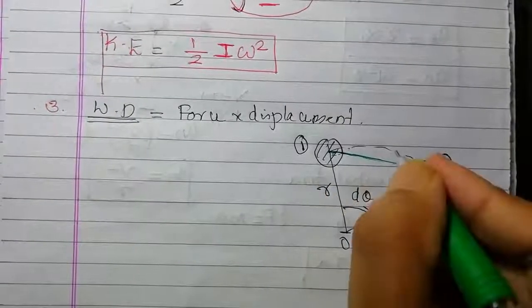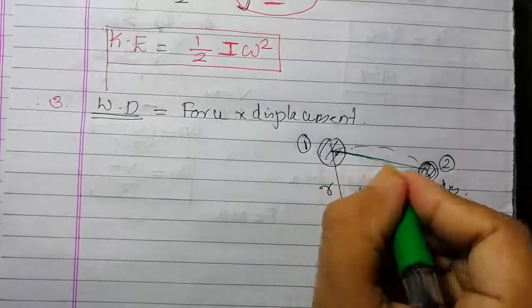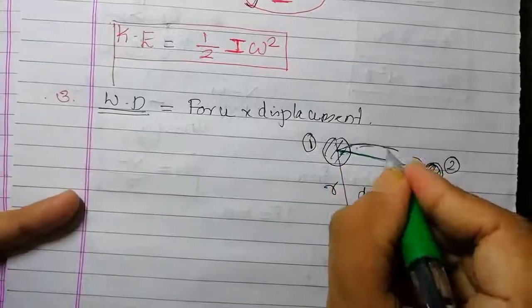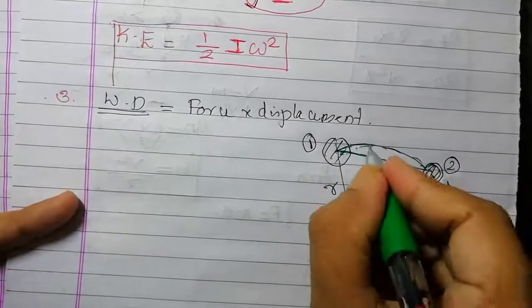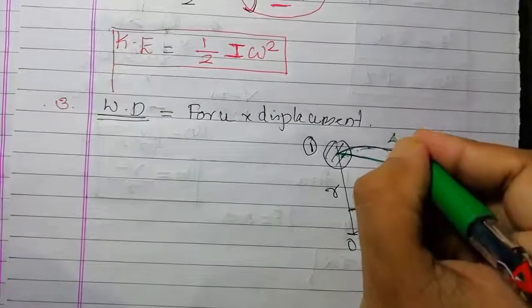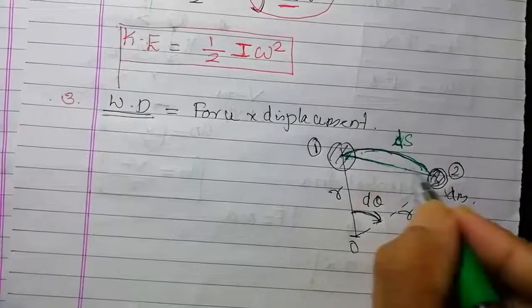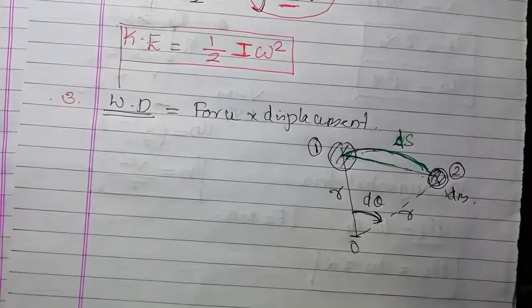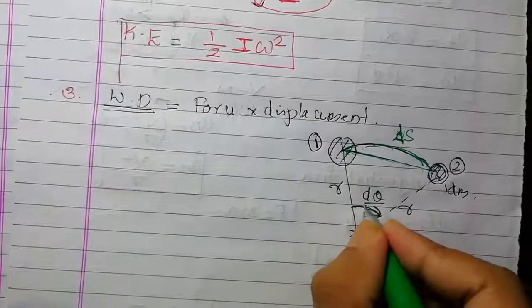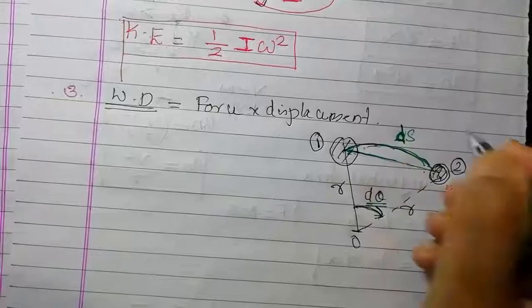And since this angle d theta is very small, this linear displacement and this arc, both will be approximately the same. The length of this curve as well as this straight line distance is almost the same, since we are considering d theta is very small, and I am assuming that distance as ds.